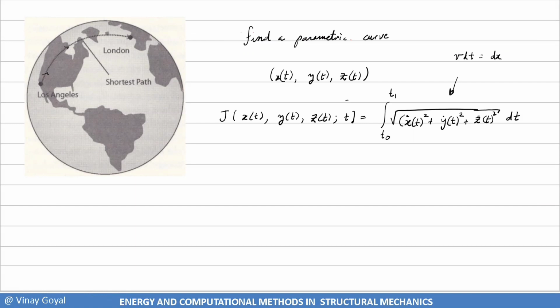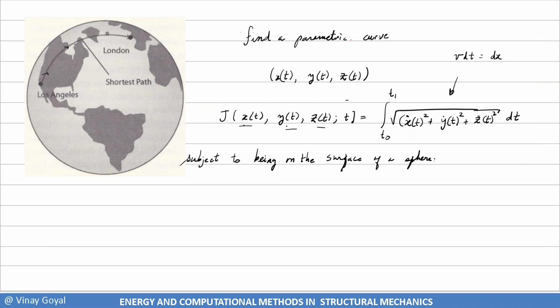And I want to make sure it's subject to being on the surface of a sphere. And notice here that the functions that I'm looking at are x, y, and z.